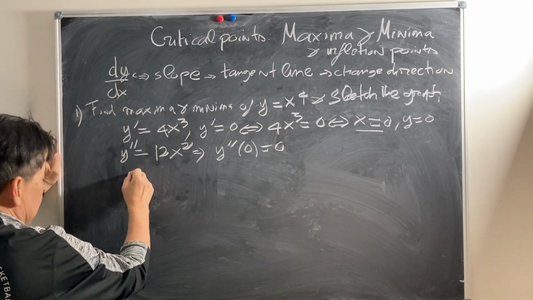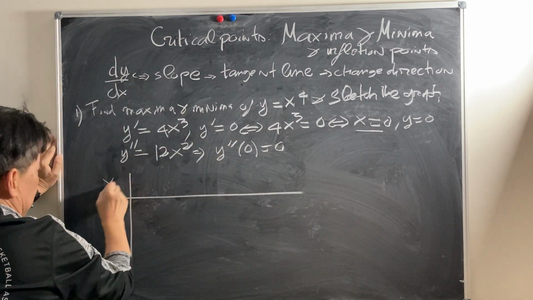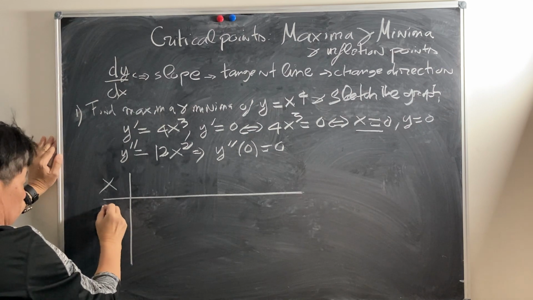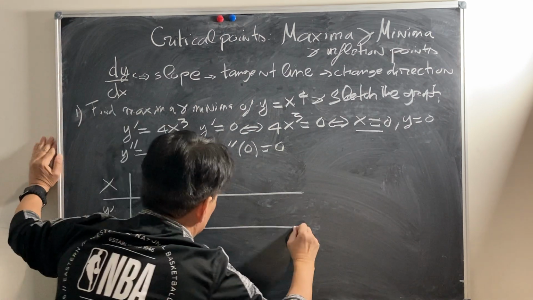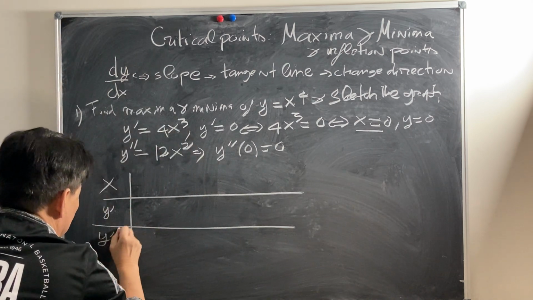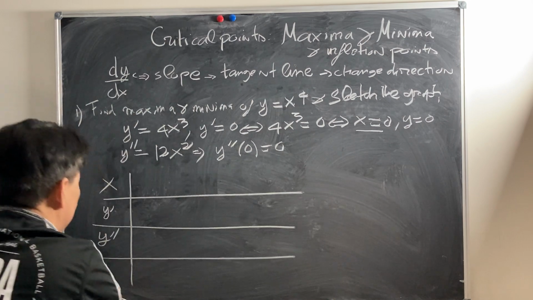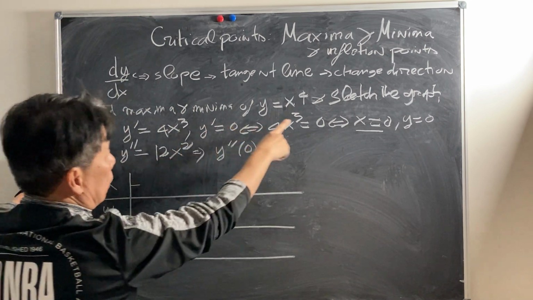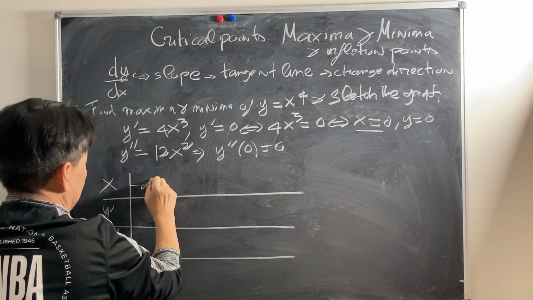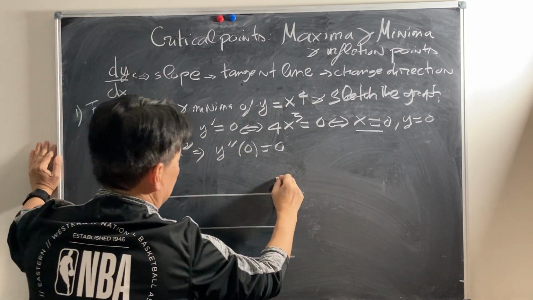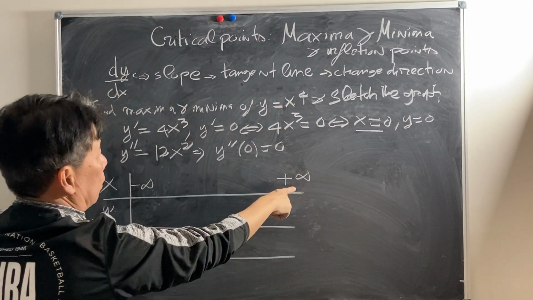So we use the table. Okay, let me show you the way to use a table. Okay, x, and then the next one is y prime. Okay, and then the next one y double prime, and then the last one is y. Okay, so for this function y equal x^4, x can go from negative infinity to plus infinity.